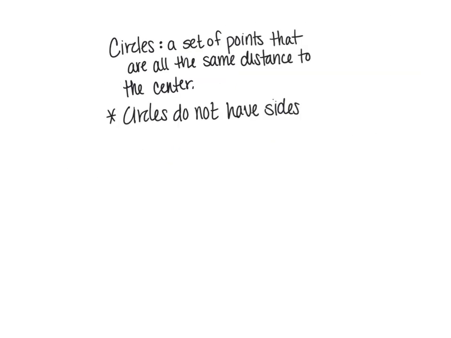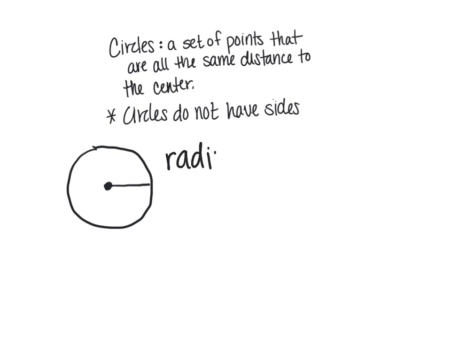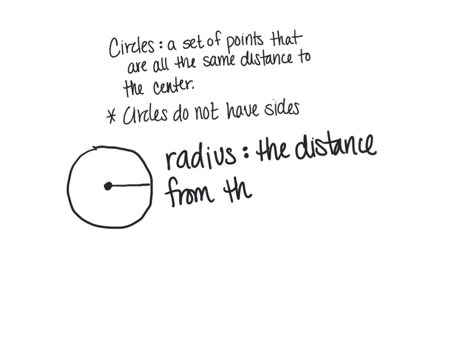Okay, so we have our circle, have our center. If you measure the distance from the center of the circle to the outside, that is called a radius. The distance from the center to the circle.